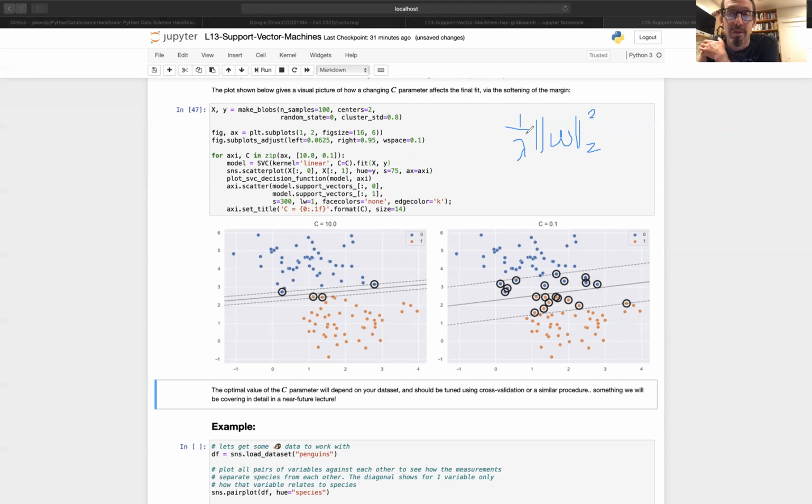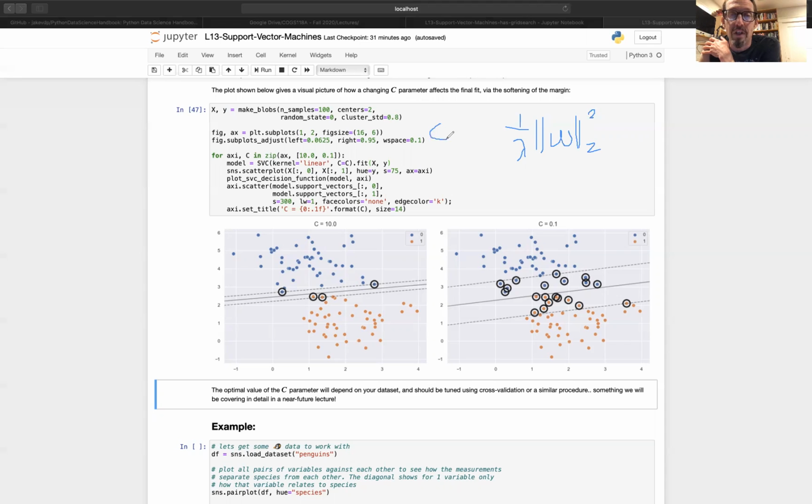And that means it takes up a lot of the loss function, and the loss function really cares about this, so we really try to minimize it. So when lambda is small, then regularization is big.